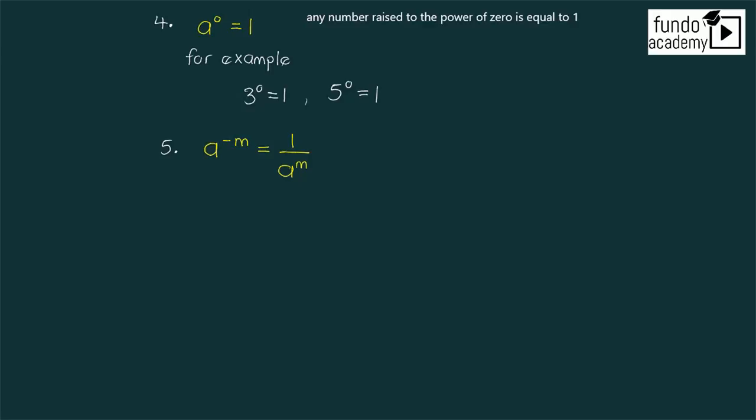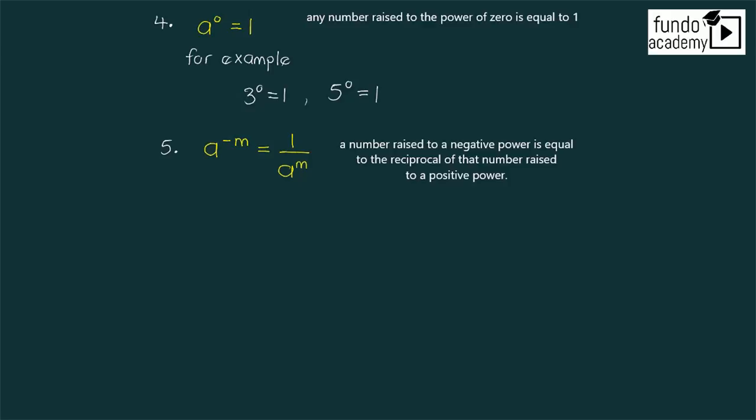According to this law, a number raised to a negative power is equal to the reciprocal of that number raised to a positive power. Okay, so this is what this law is all about.